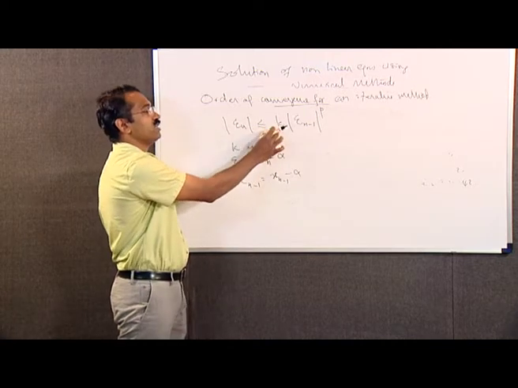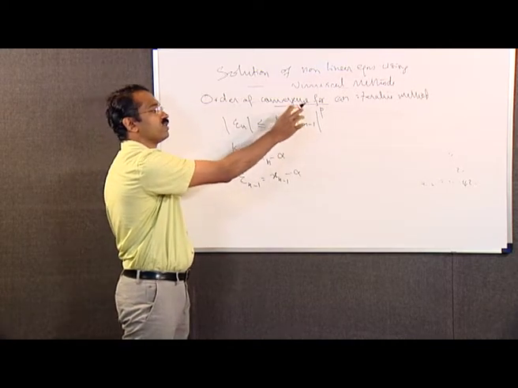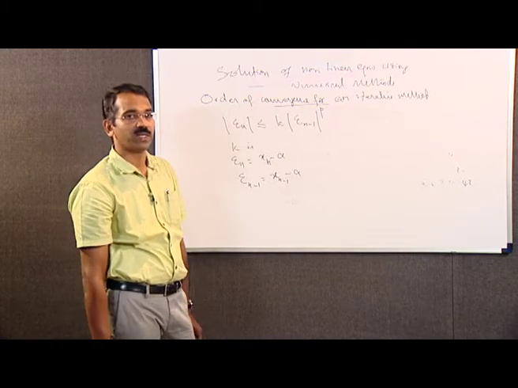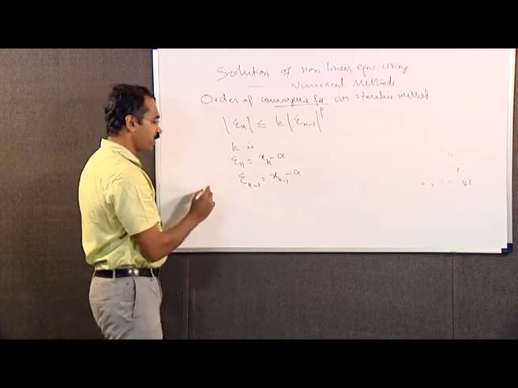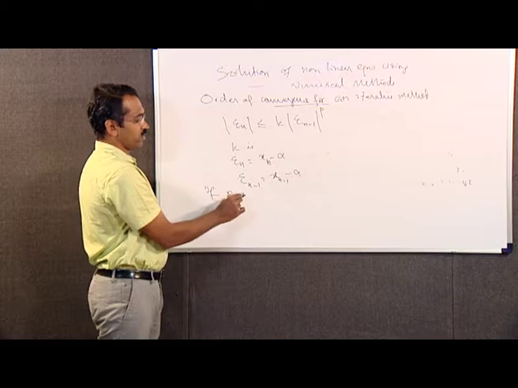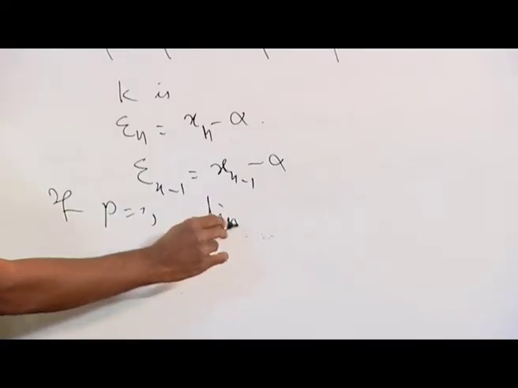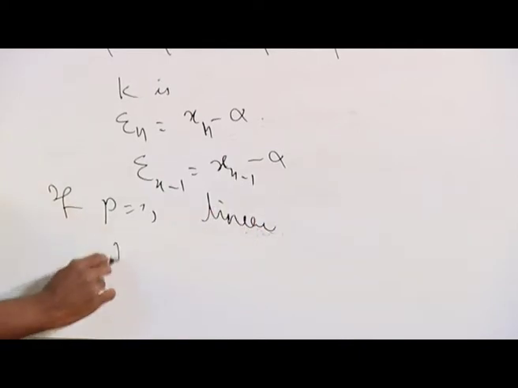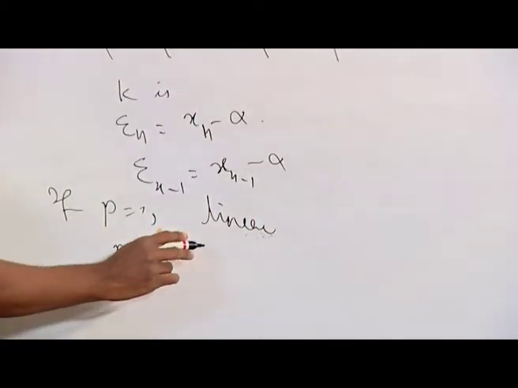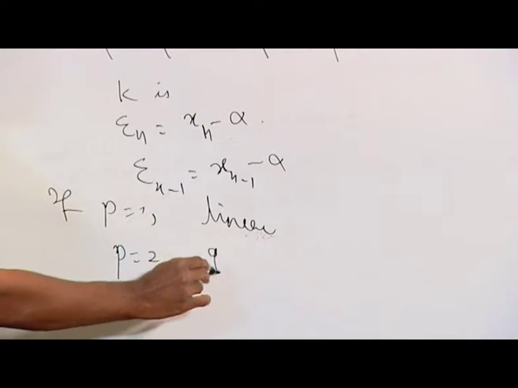If this condition holds, we say that the order of convergence is p. If p equal to 1, we say that the order of convergence is linear. If p equal to 2, then the order of convergence is quadratic.